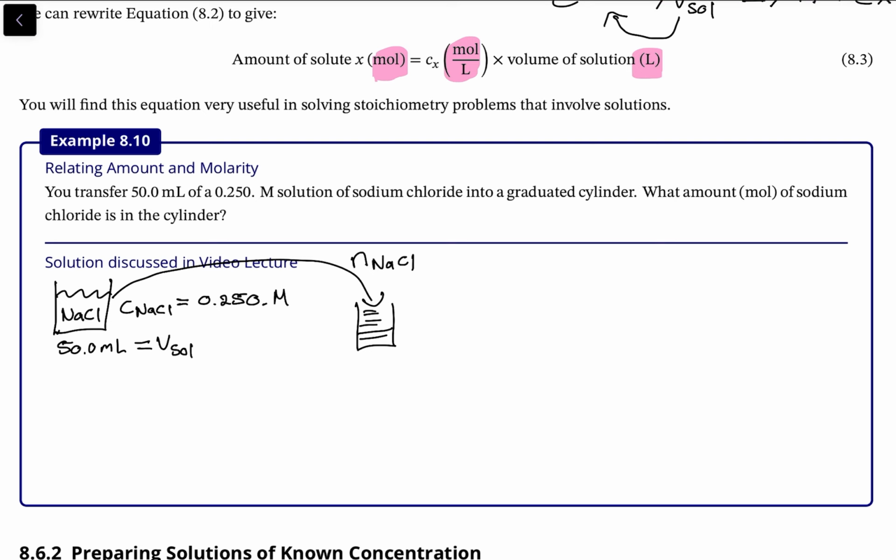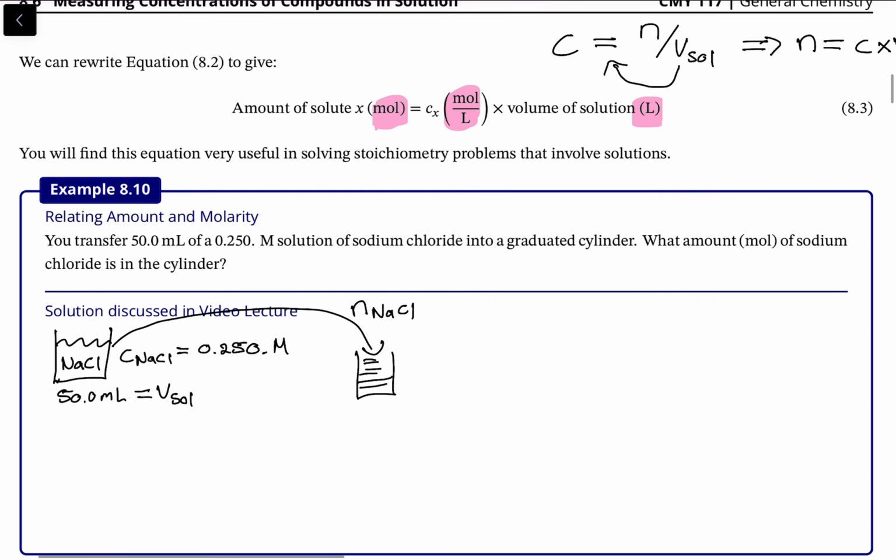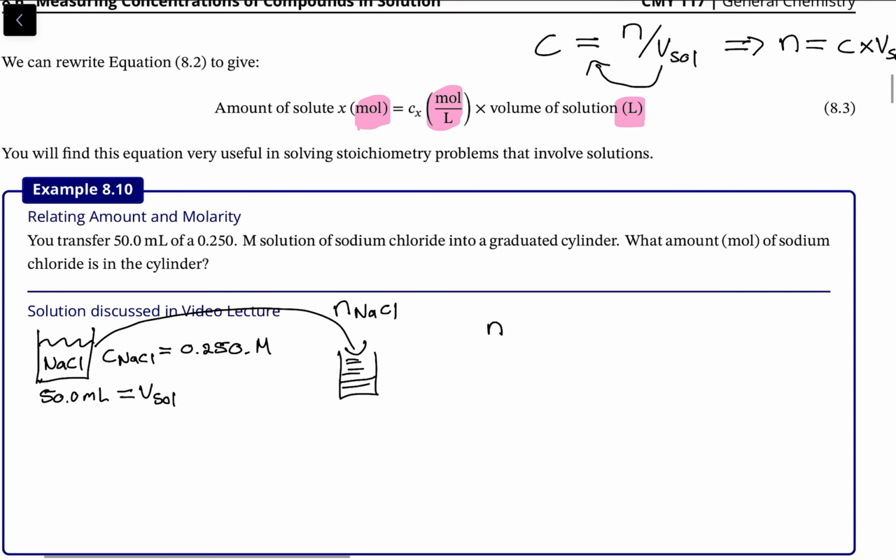All right. So looking at what we had at the top here, we have a concentration, we have a volume of solution. So how do we get the number of moles? We can just say the number of moles of sodium chloride is going to be equal to the volume of the solution multiplied by the concentration of the solution. Importantly, the concentration is 0.250 molar, that is in mole per liter.